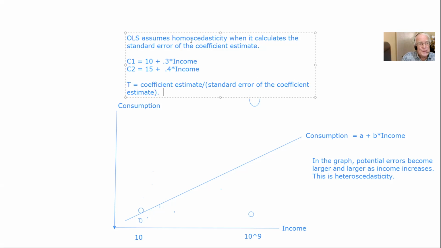If we have heteroscedasticity, then we will make a mistake in our calculation of that standard error. And therefore, we will distort our values of t. They are no longer useful to determining whether we have statistical significance or not.